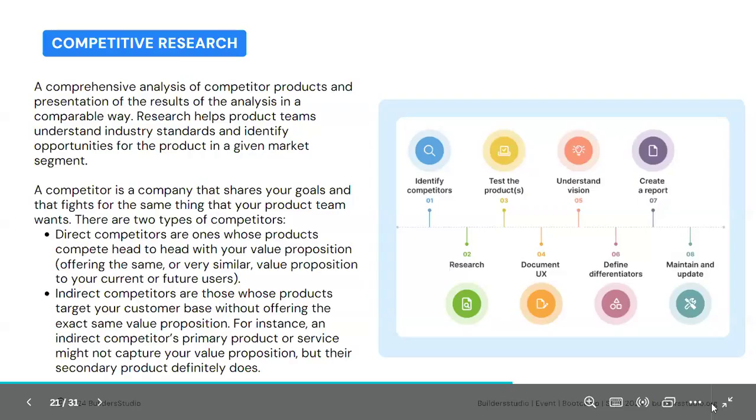How do I start it? You start identifying your competitors. Then you go in and do research. What are these people doing that I want to do differently in this product? How does this product look? I don't want my product to look like this.